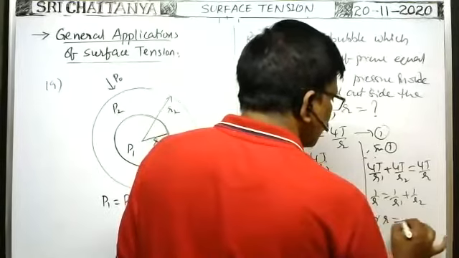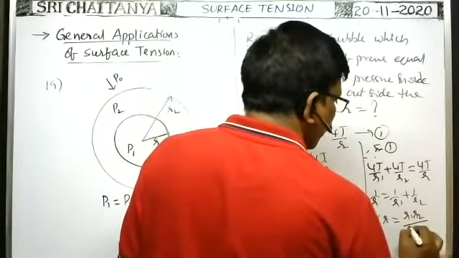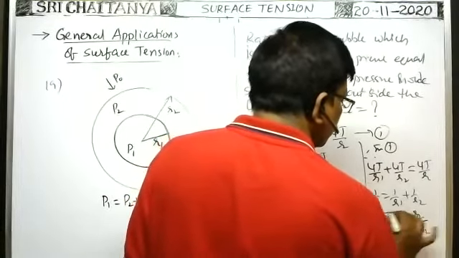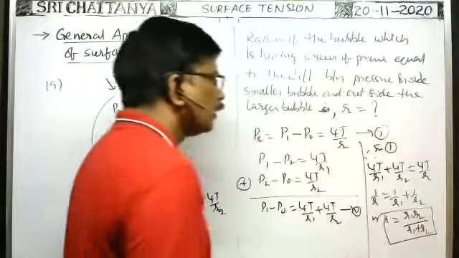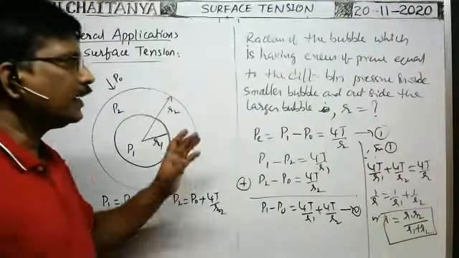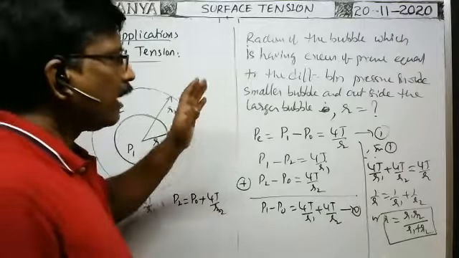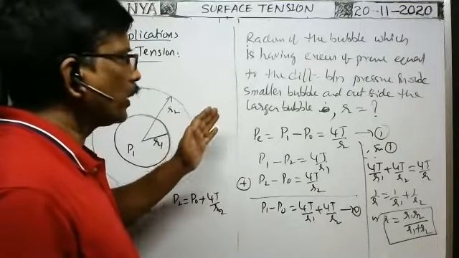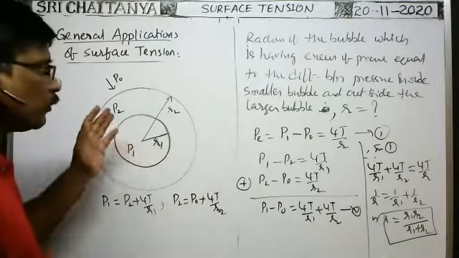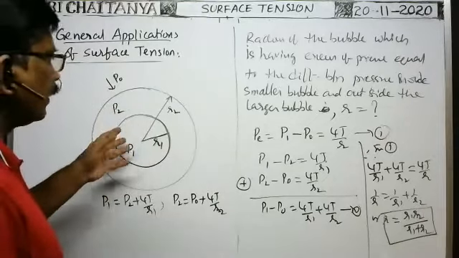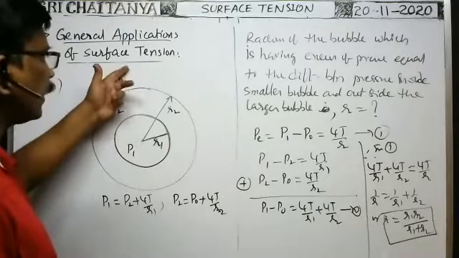So r is equal to R1 R2 by R1 plus R2. So the radius of the single bubble which has excess of pressure equal to the difference between the pressure inside the smaller bubble and outside the larger bubble.